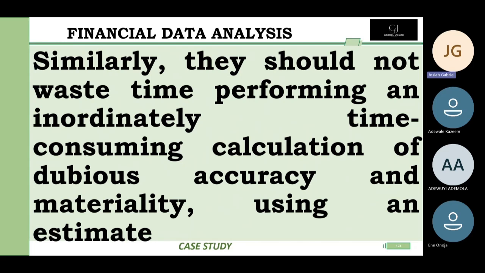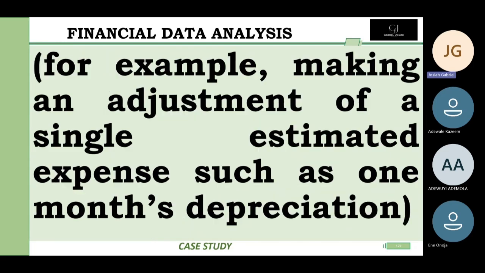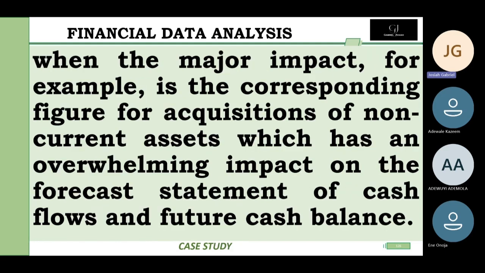The materiality of what you are calculating also matters, because your stakeholders and clients will make decisions based on material issues that affect their economic decisions. So when there's a major impact you've assessed, for example, the corresponding figure for acquisition of non-current assets, which has an overwhelming impact on the forecasted statement and future cash balance.